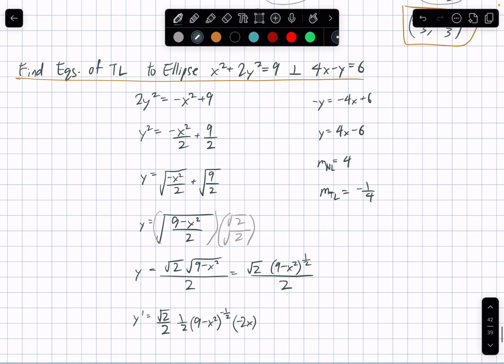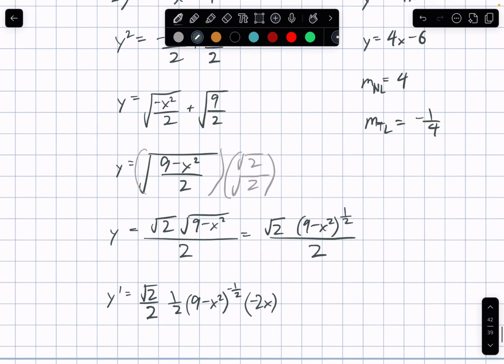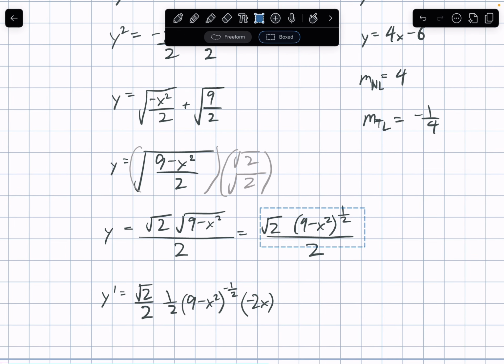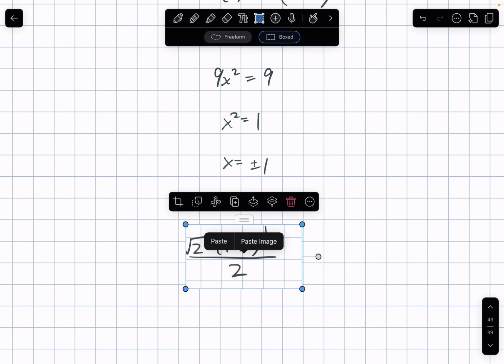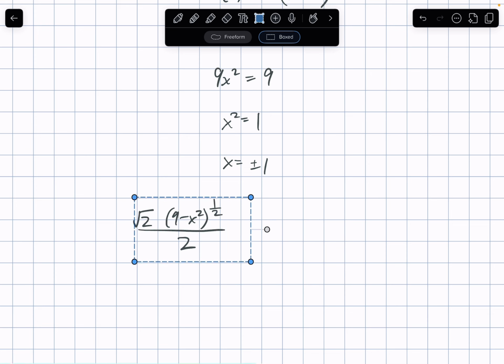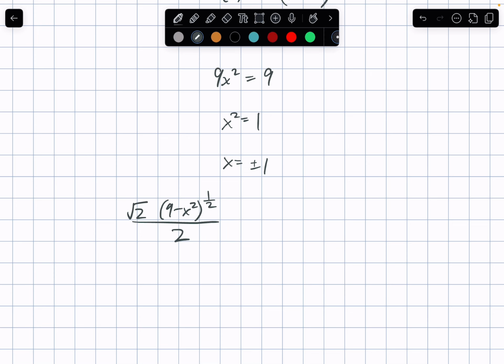And we will use the ellipse. Before we find its derivative, we'll use this. So before deriving, we substitute to identify the y value.